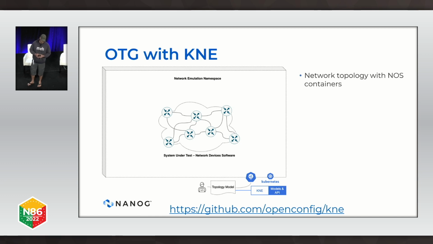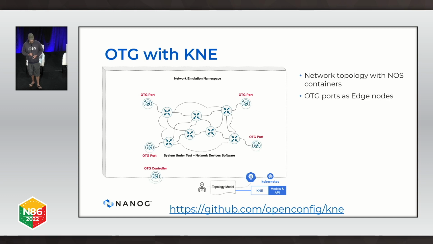And so what we've actually built, and we're going to talk to y'all later today about KNE, is a Kubernetes-based network emulation platform, and we've worked in partnership with Keysight to add traffic and protocol generation into that ecosystem. In this scenario, as you see before you, this is just a simple system under test with a set of network devices that we bring up in our emulation environment. And as part of that ecosystem, we then attach the OTG ports to that to allow us to do all of our protocol, route, and traffic generation across those network devices.